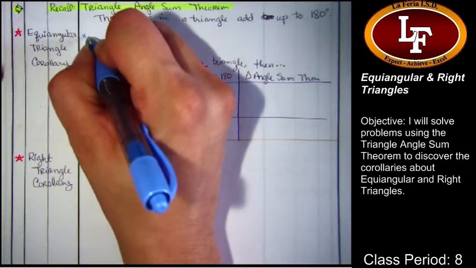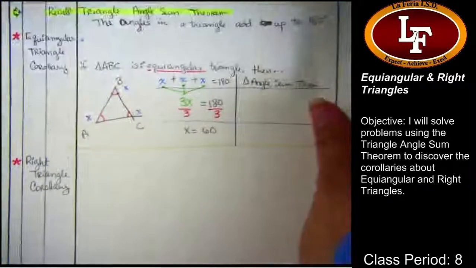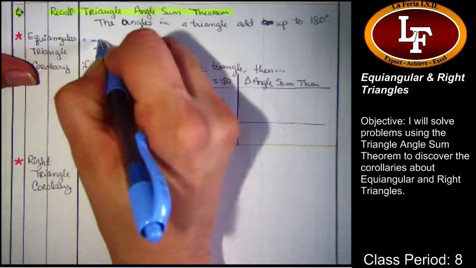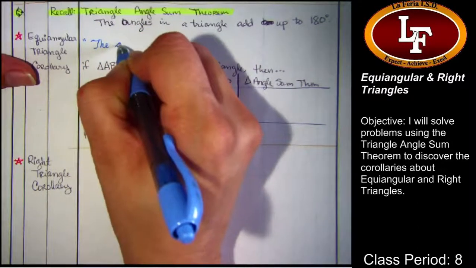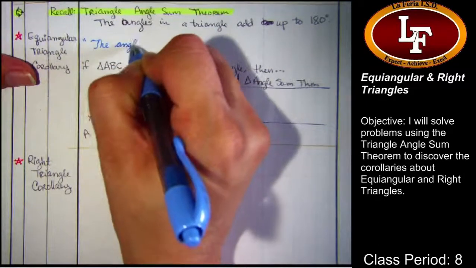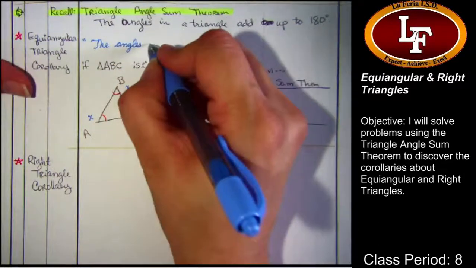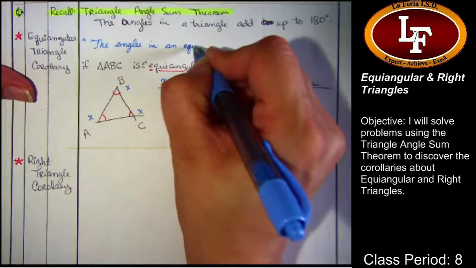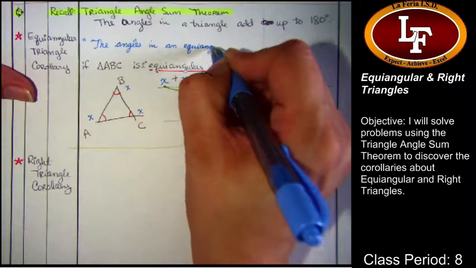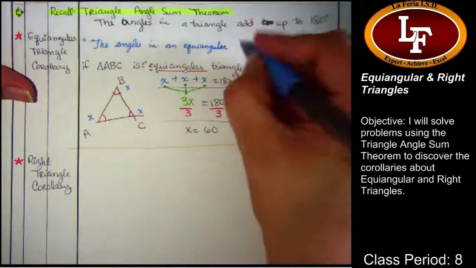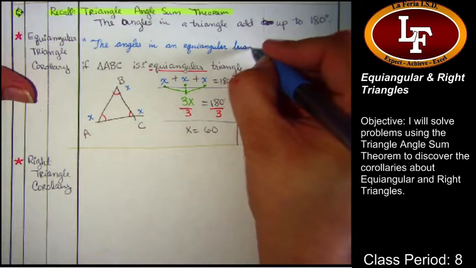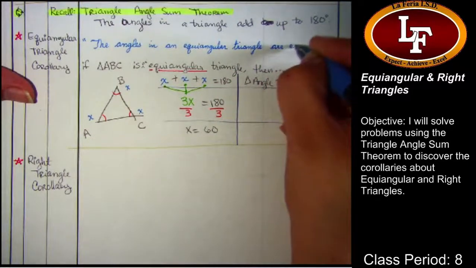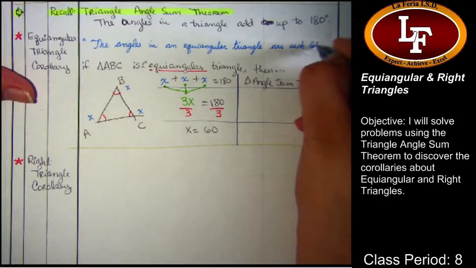Yes? Okay. So it says, hang on, I need my cheat notes because I want to make sure I get the right formal language. Okay, it says, oh my goodness, cursive is hard. The angles in an equiangular triangle are each 60 degrees.